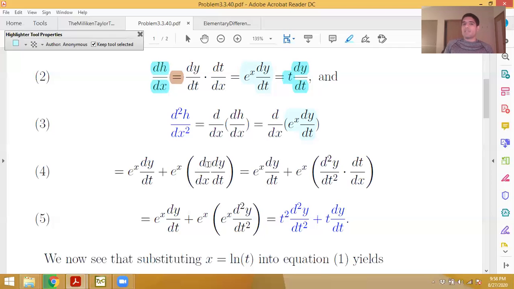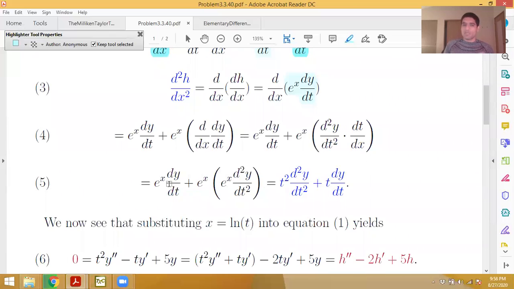So I first take the derivative of the outside function. Right now, dy dt, we think about it as a function of t. So I take a t derivative of the outside function, which is why it became d squared y over dt squared. And then I multiply that by the x derivative of the inside function, which is t, in order to complete my chain rule.